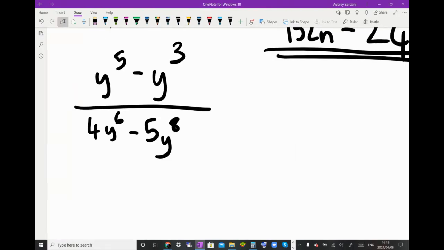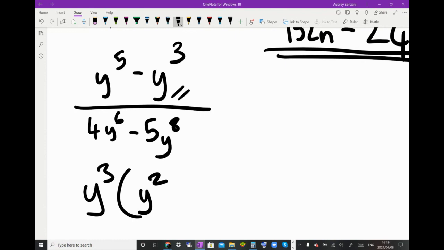We know that the smallest y that we have is this one, y to the power 3, okay? All right, so then we can put the top in brackets by saying the numerator, we can say y to the power 3, okay, then in brackets, here you're going to have y to the power 2, okay?